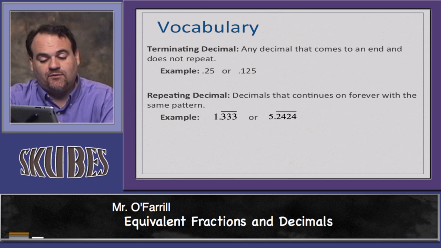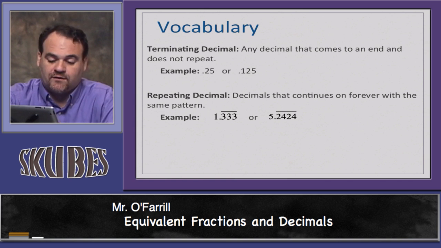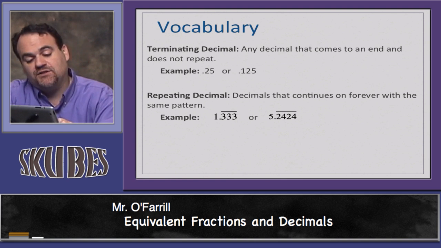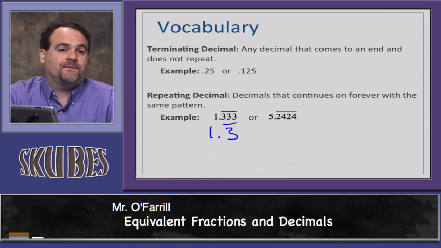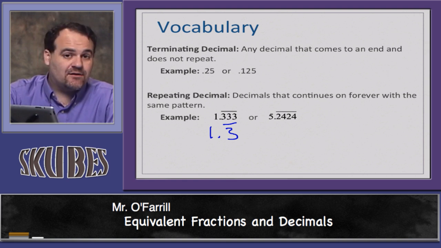In this case here, we have repeating threes. This bar over the top indicates that that is what's repeating. Since it's just the number 3 repeating, we could have just done this. That's all it is. And here, there's a pattern that's repeating.